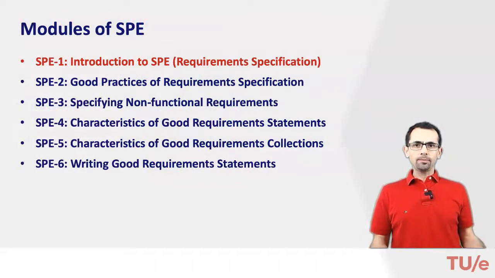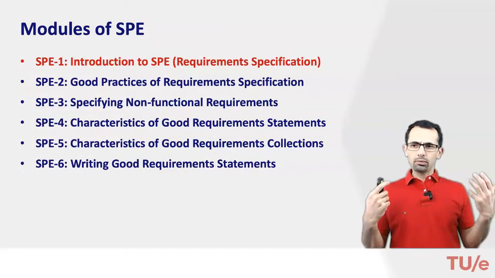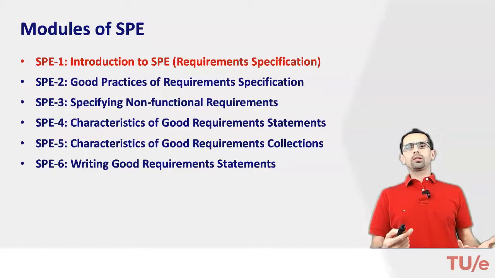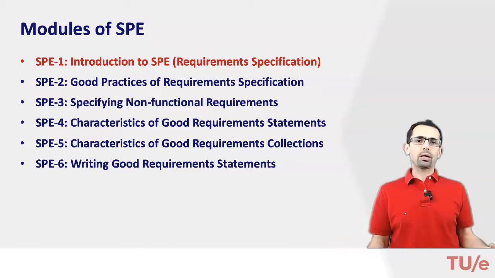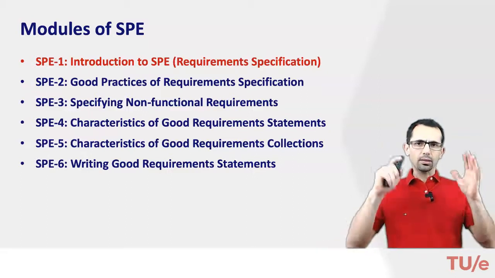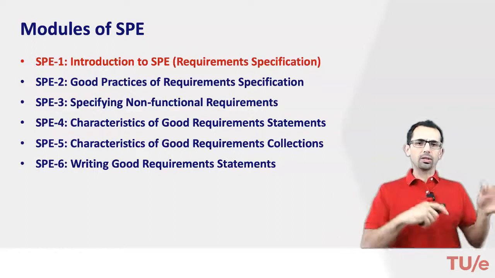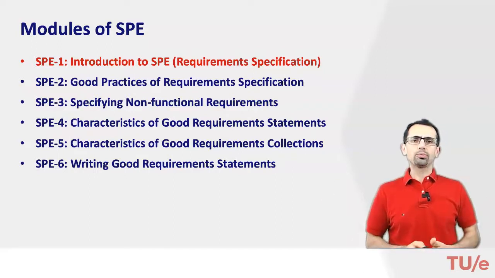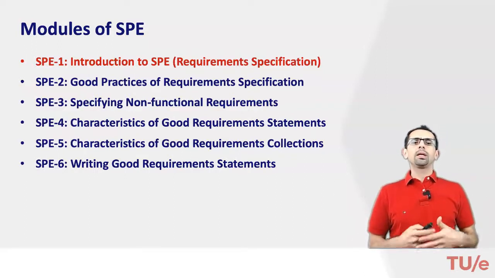What do we cover in this series? I'll continue with the discussion of good practices of requirements specification. Remember the good practices we had for elicitation and analysis. Now we also have good practices for requirements specification.